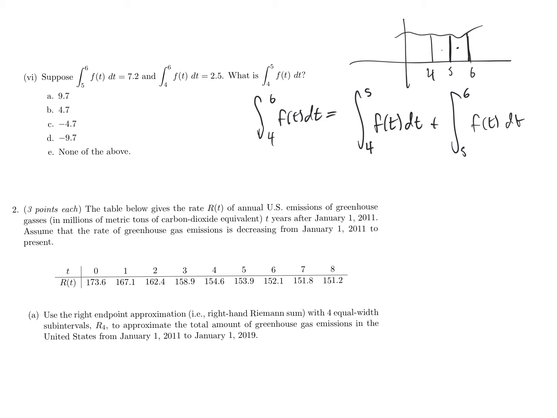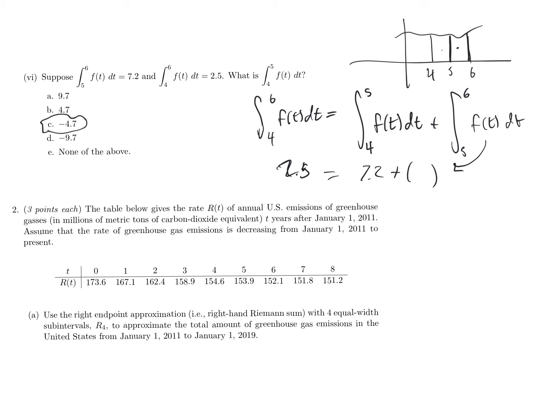If we substitute the numbers for everything we know, this is 2.5, and this one is 7.2. What is this one going to be? If we just throw 2.5 minus 7.2 into our calculators, this is algebra, we'll find that it's equal to negative 4.7.